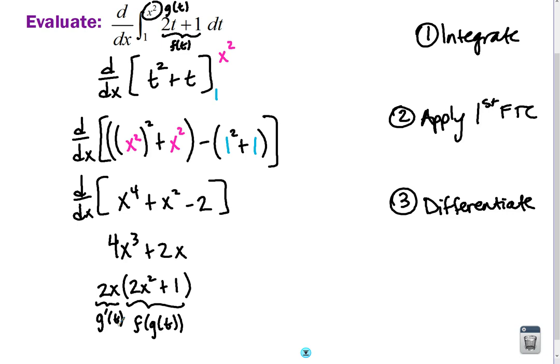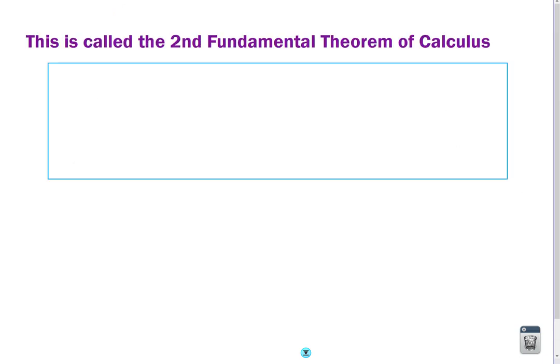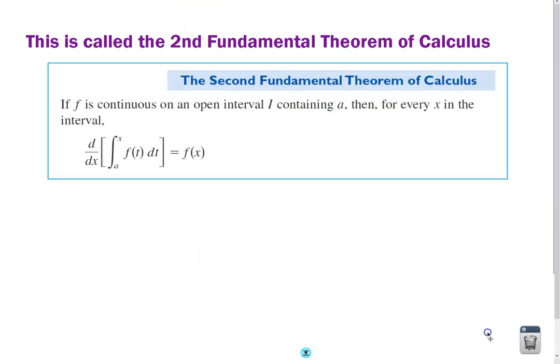Okay? So what's happening here is what we like to call the second fundamental theorem of calculus. When you have the derivative of an integral from a to x of f of t dt, that's the same thing as just f of x, okay?